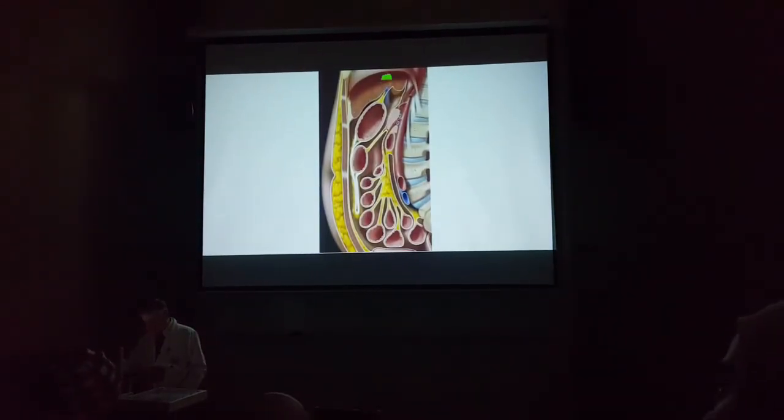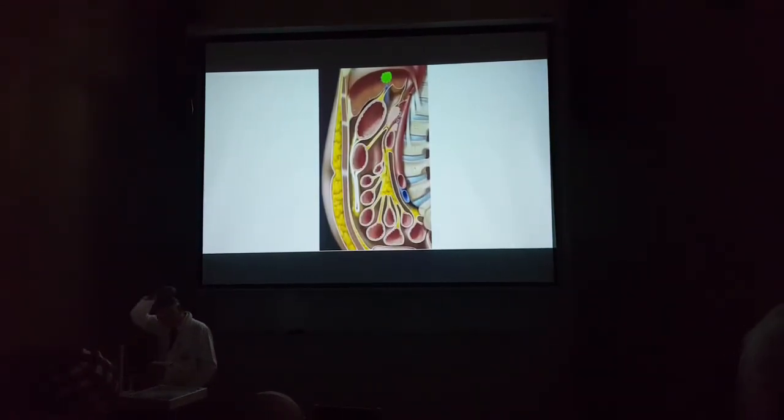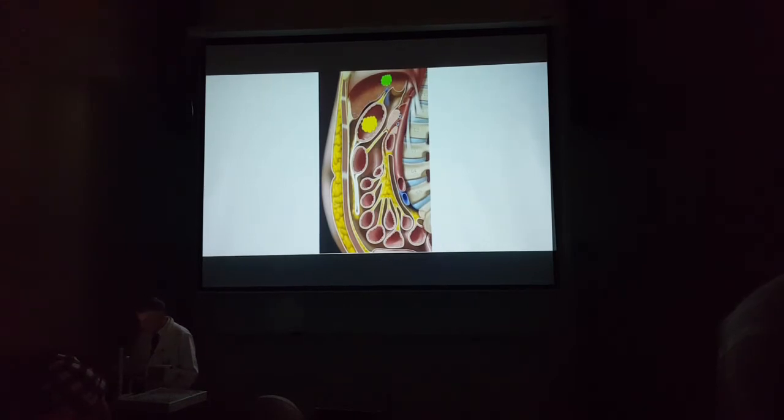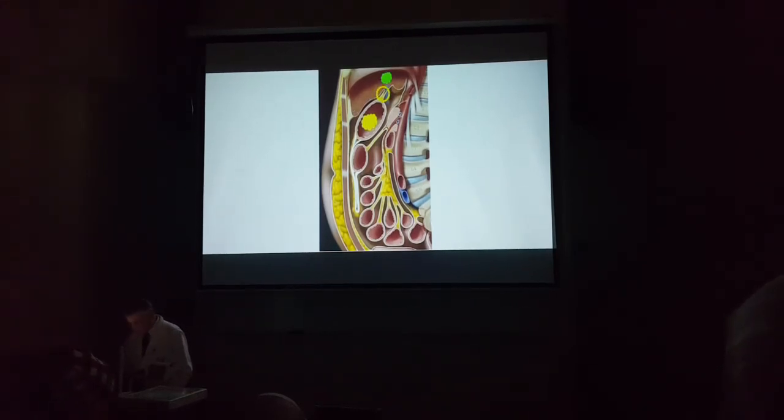Back to this image. Which organ is this? This is the liver, and this is the stomach. Here is a double layer of peritoneum between liver and stomach. It has nothing to do with the posterior abdominal wall.